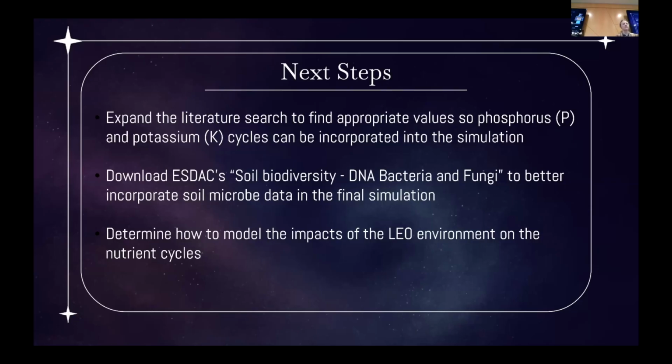And lastly, I want to figure out how to model the impacts of the low Earth orbit environment on the nutrient cycles, because with that environment, there are going to be two main constraining factors. There's going to be microgravity, and the organisms are also going to be subject to rapidly shifting photoperiods, where it's going to be 60 minutes of light and 30 minutes of darkness. And that is anticipated to negatively impact the circadian rhythms of those three species.